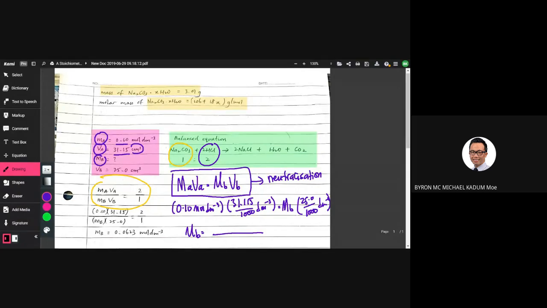Okay. Anything else? Ada lagi jawapan yang selain daripada tu? Kita ada satu suggestions. We have 0.1246 molar.